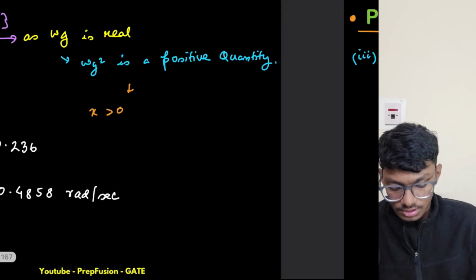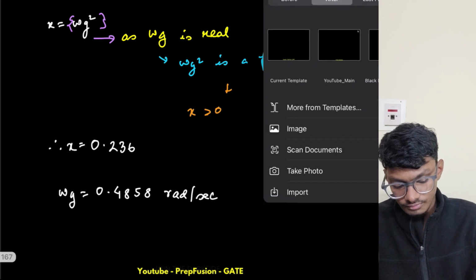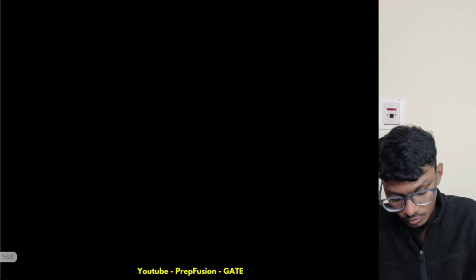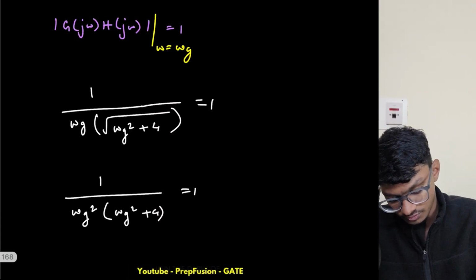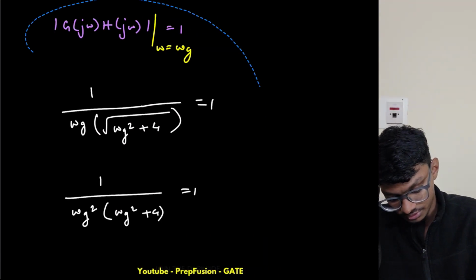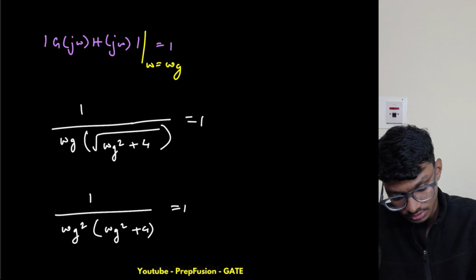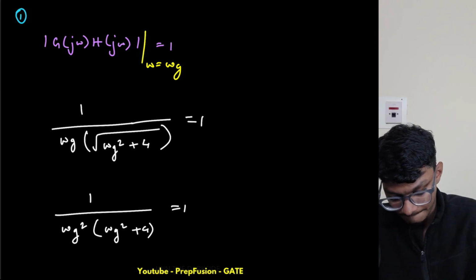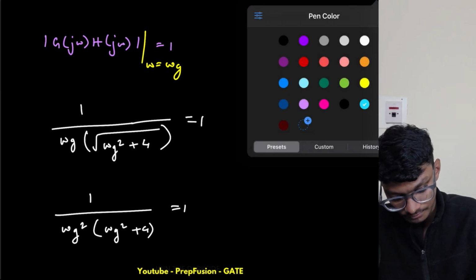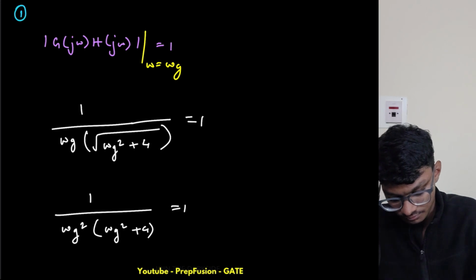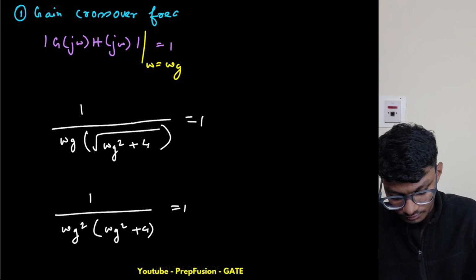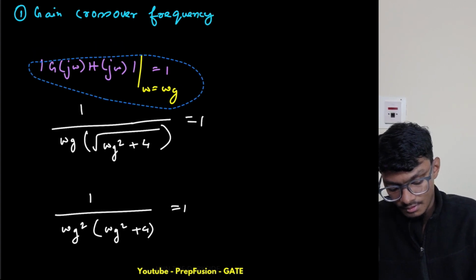What about the next part? The next part is to find the phase crossover frequency. This one was used to find the gain crossover frequency. I should put the heading over here: part 1, gain crossover frequency.